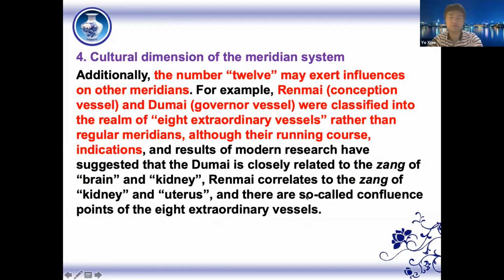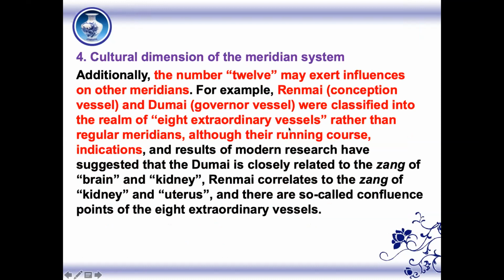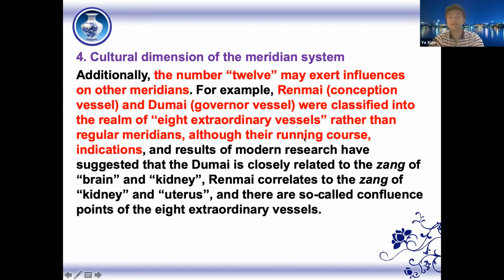Additionally, the number 12 may exert influence on other meridians. For example, Ren Mai, the conception vessel, and the Du Mai, governor vessel, were classified in the realm of 8 extraordinary vessels rather than regular meridians, although their running course, indications, and results of modern research have suggested that the Du Mai is closely related to the organs like brain and kidney.